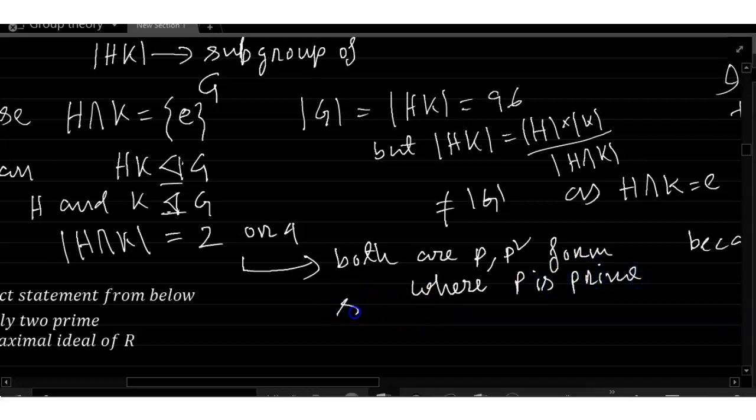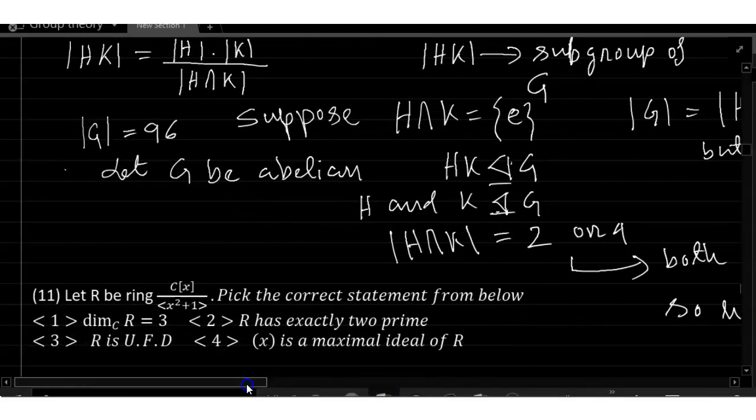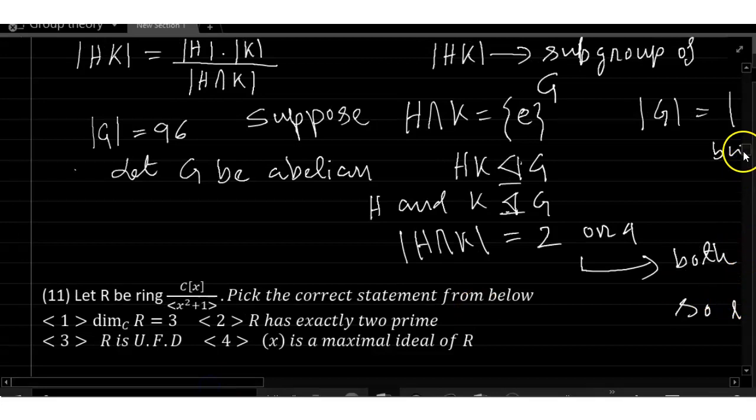So hence H intersection K is Abelian. Number 3 is correct.